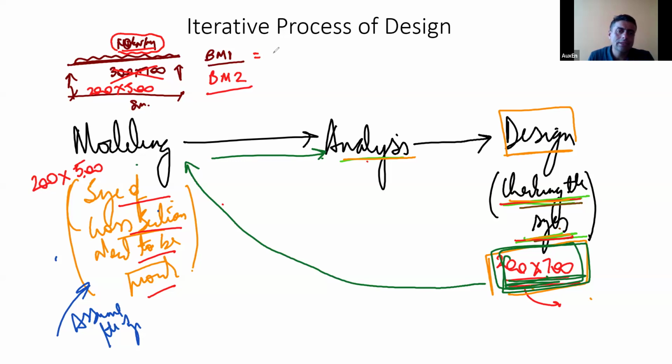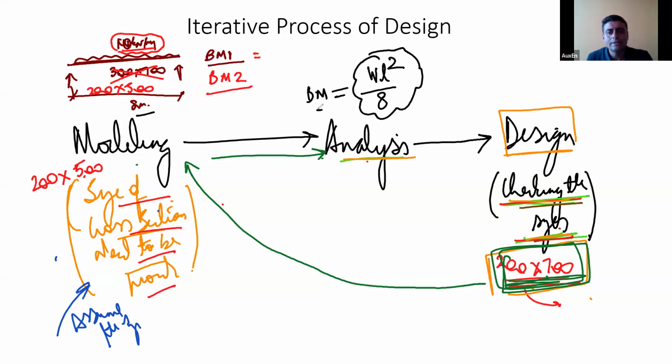So what is the bending moment answer, by the way? Bending moment will be WL square by 8. So if my span is 8 meters, what am I looking at? WL square by 8, so 10 into 8 into 8 upon 8. So in the formula itself, for a simply supported beam, the bending moment formula is WL square by 8. Does it have any term which is dependent on the cross-sectional size?